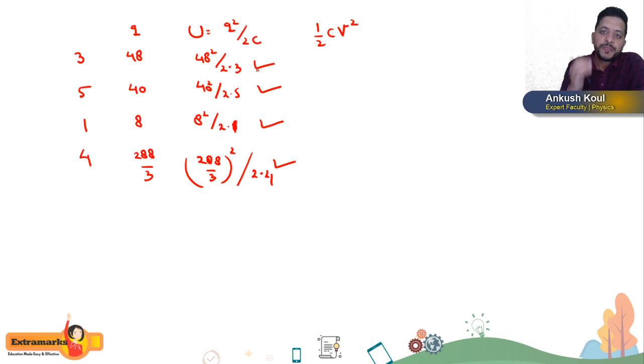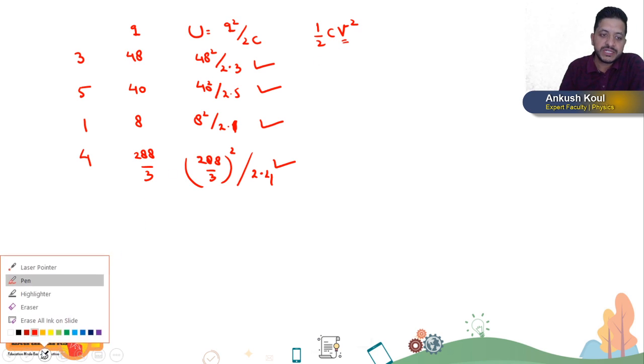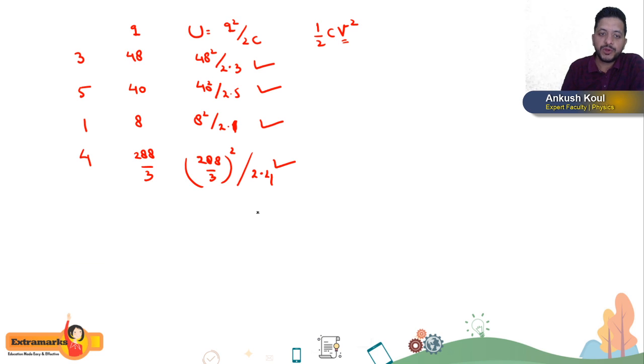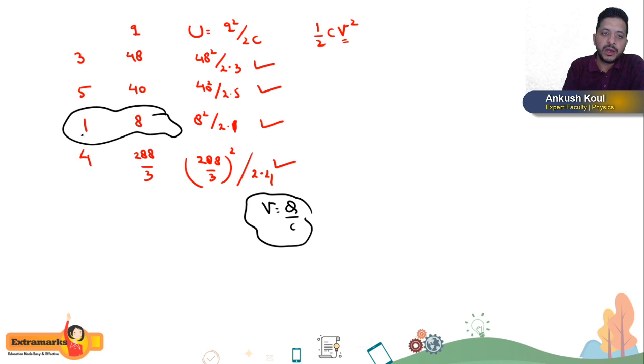To apply this formula, I should know the potential across any particular capacitor, which I can easily calculate because I know V is equal to Q by C for any given capacitor. So say I take this capacitor, I know the value of C, I know the value of Q, so I can find the potential across the 1 microfarad capacitor.